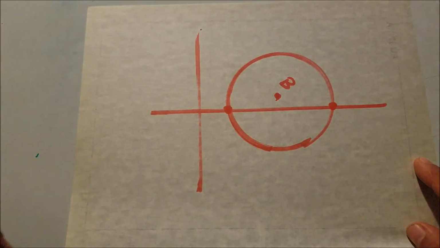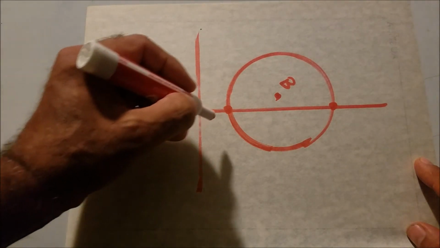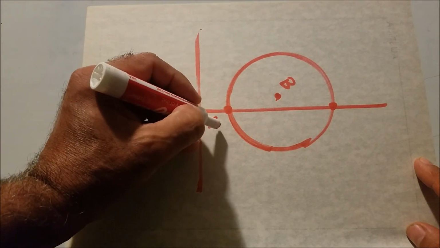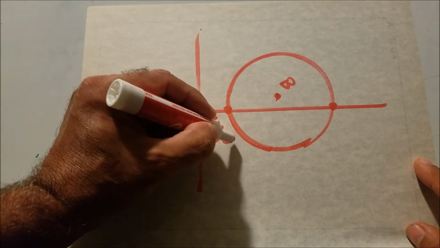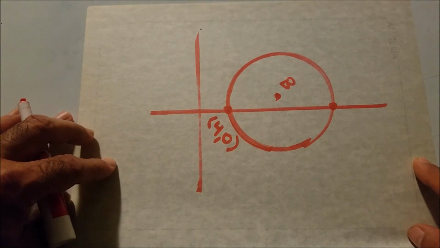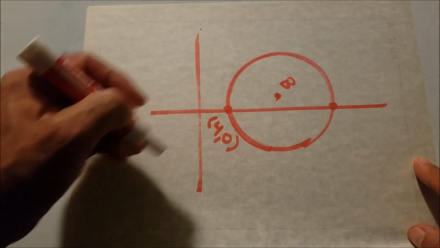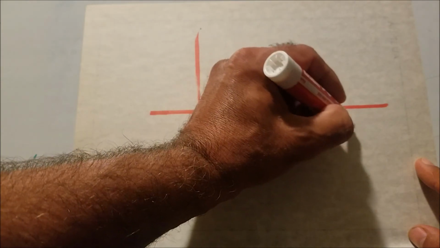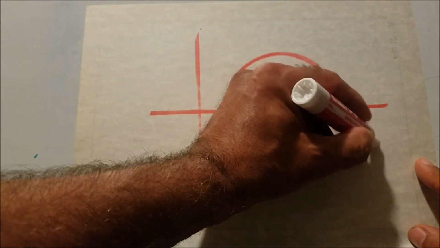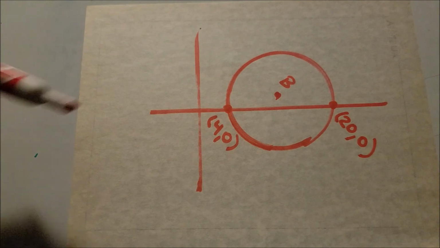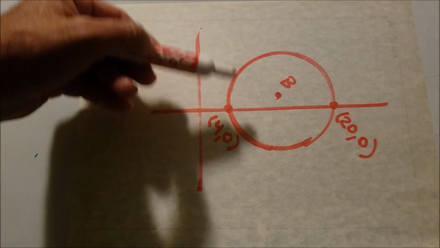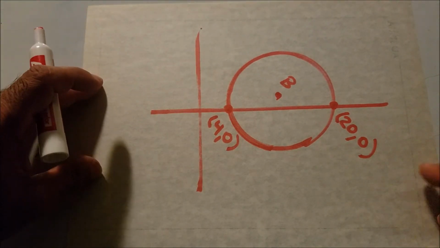Right there, we have 2 points. And we can say that this point right there, we'll say is 4, 0. That's the coordinate, 4, 0, right there. And let's just say over here we had 20, 0, right? 20, 0. And you know the x comes first and the y on the Cartesian grid, right?